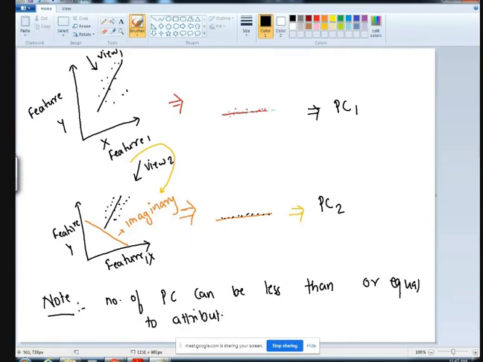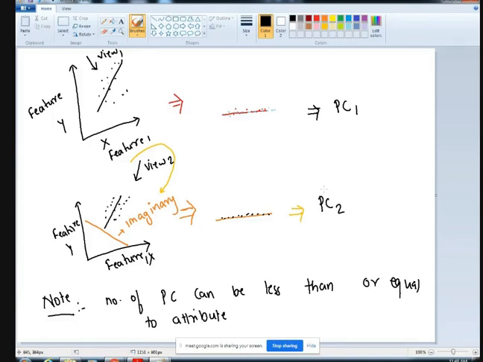You can see in this case there are 2 attributes, यानी 2 features है आपके consider कर रहे हैं. तो accordingly आपके पास एक principal component analysis भी हो सकता है, 2 principal component analysis भी हो सकता है. That means it can be less than or equal to the number of attributes. So here we can get 2 principal components.